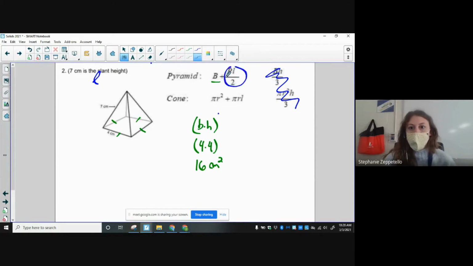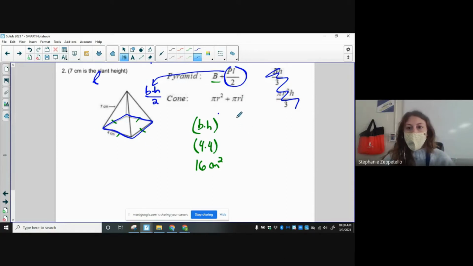So it makes sense that this is based off of the area formula for a triangle. Base times height divided by 2, right? But in this case, same idea. I'm going to collect the bases of my triangles. There's 4 of them, right? Isn't that the perimeter? Oh, sorry, yeah, the perimeter of the base is the base of each triangle.